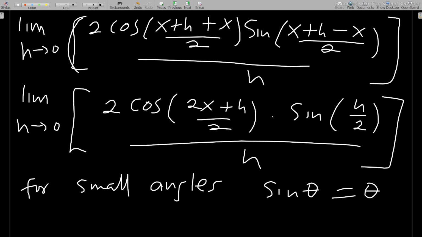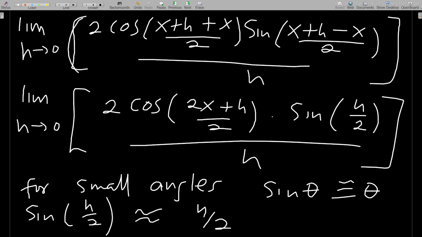So as h approaches 0, h becomes very small, and h over 2 will also be very small because h is already small and we are dividing it by 2. So for a small angle, sine of h over 2 is approximately equal to h over 2. This is an approximation, so the whole of sine of h over 2 tends to h over 2.